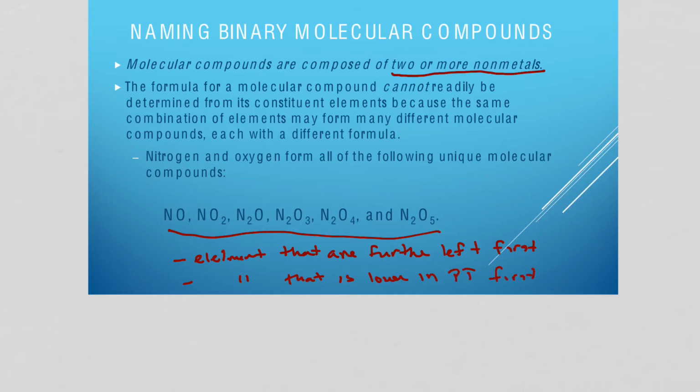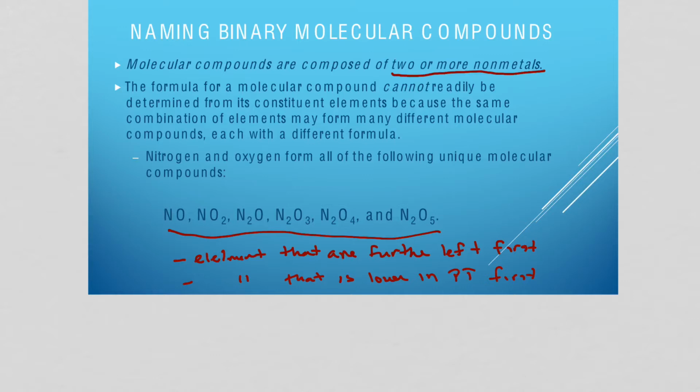So essentially we write the lowest, left-most element first. For example, nitrogen is further to the left, so it becomes first in our compound.